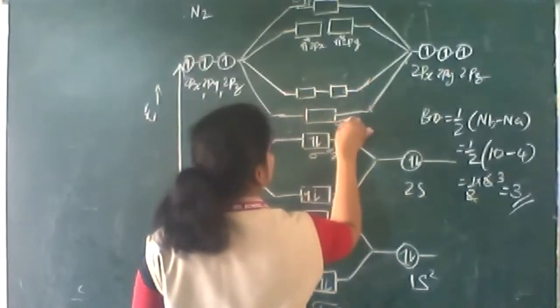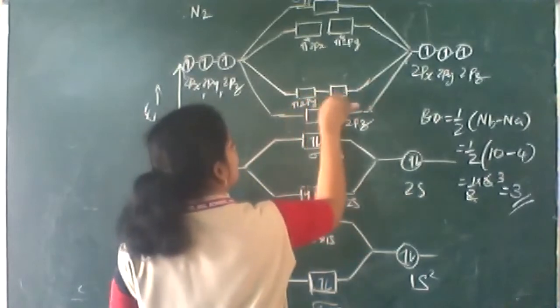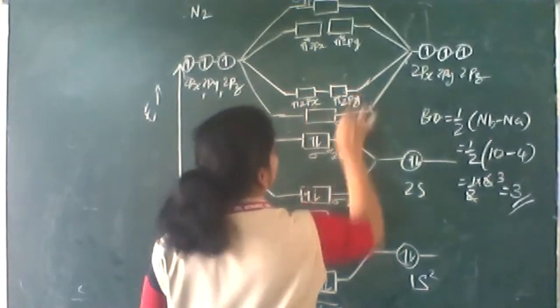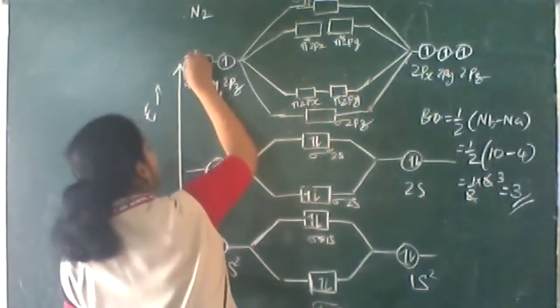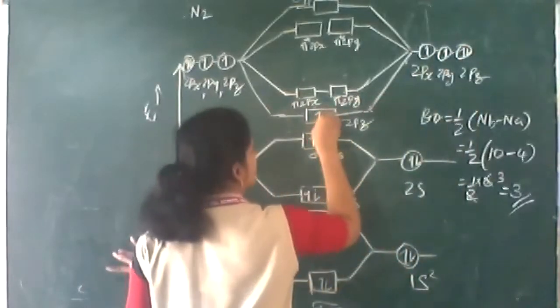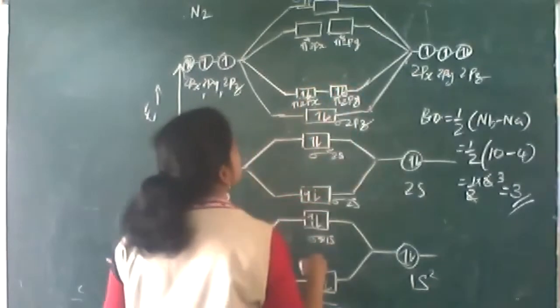So this is sigma 2pz and pi 2px, 2py. Here in the case of oxygen, one more electron comes here, one more electron comes. So 1, 2, 3, 4, 5, 6.